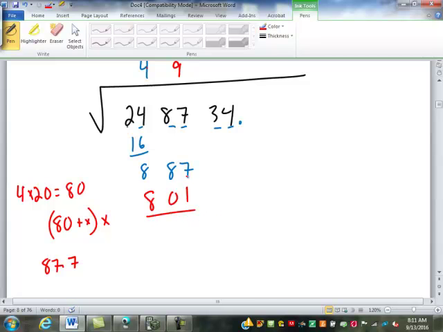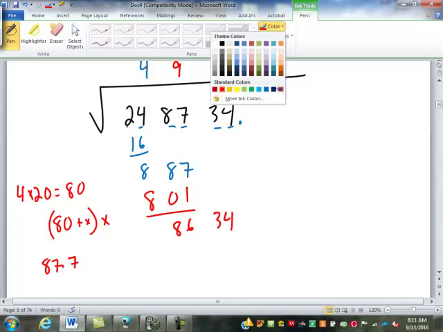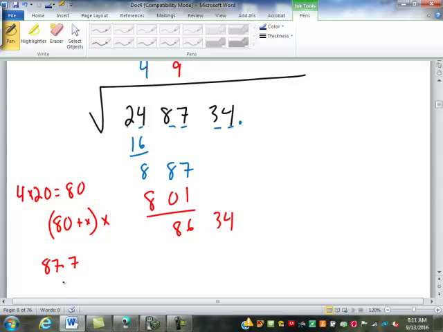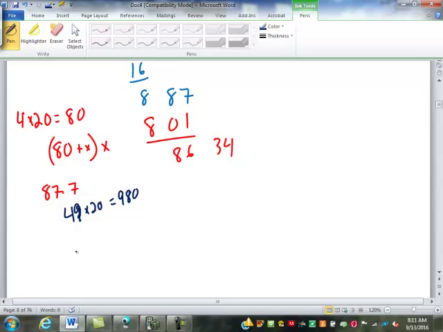801 goes down here. I subtract. This is 86. Bring down the 34. Well, now I take the 49 times 200, or times 20, I should say. 49 times 20 is 980. So now I've got to use 980 plus x times x to get 8600.